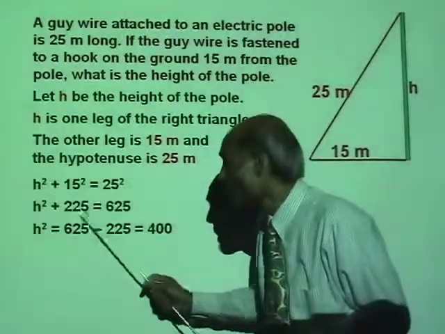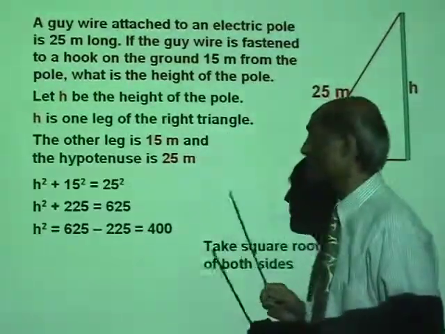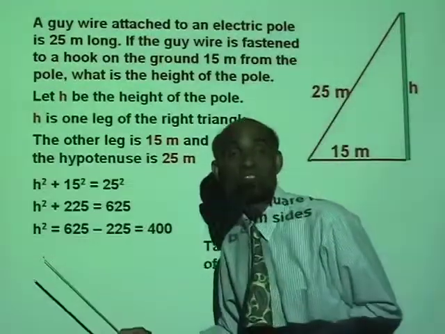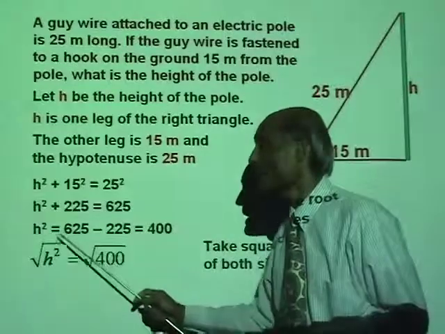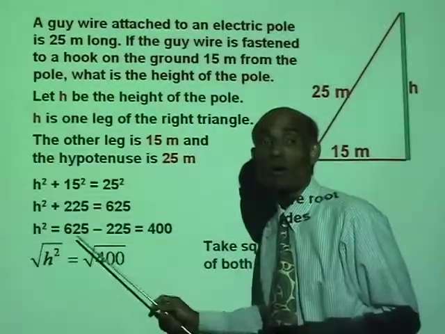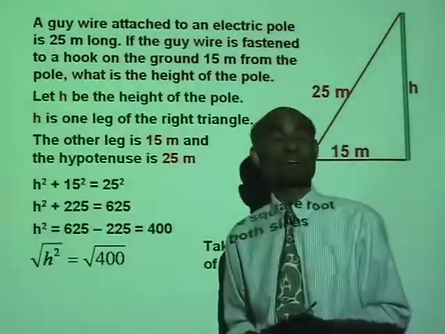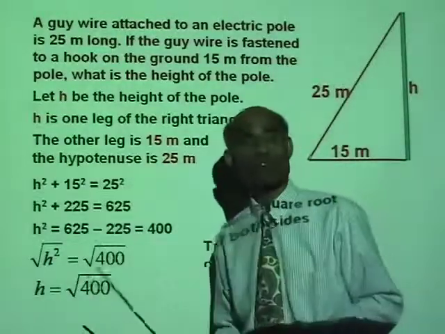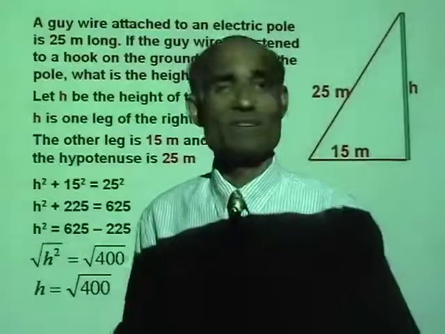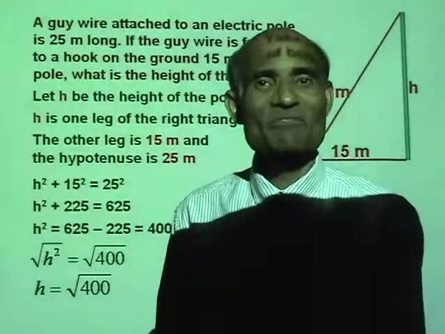So if H squared equal to 400, what is H equal to? Again, we take the square root of both sides. Square root of H squared equal to square root of 400, or H equal to square root of 400. Can you tell me what that value will be?